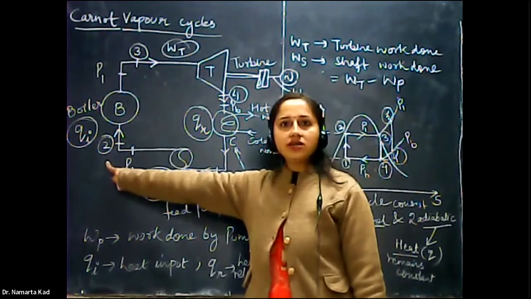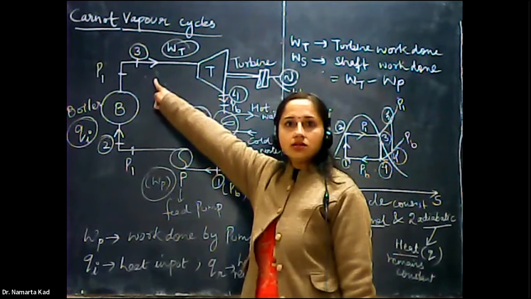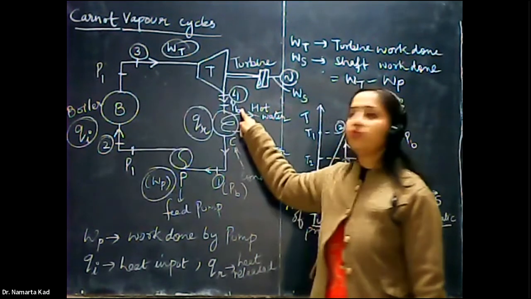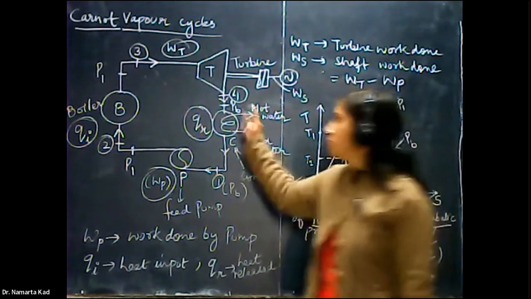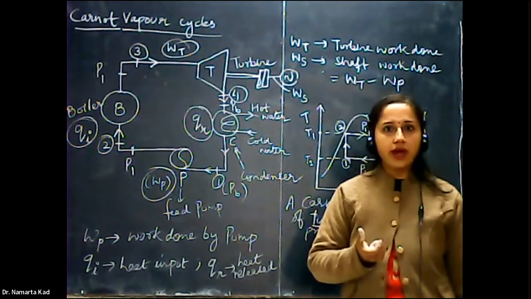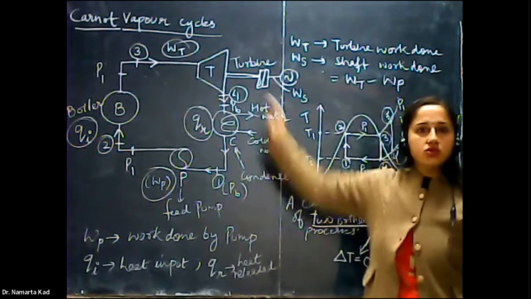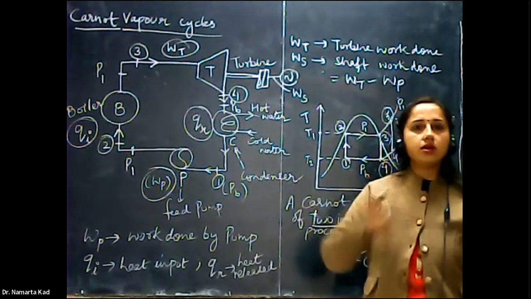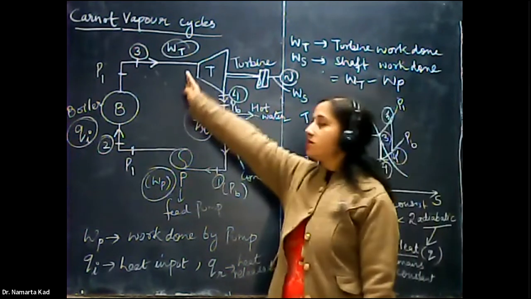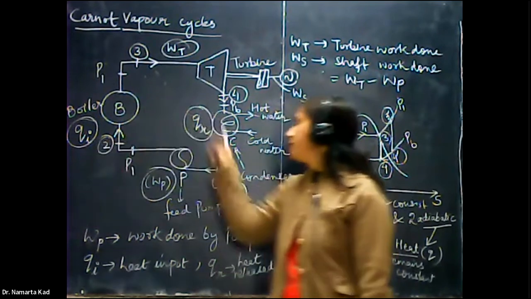There is the saturated liquid at stage 2. At stage 3, there is the dry saturated steam, and here it is the wet steam again. So this is the complete condition of the steam at the different stages 1, 2, 3, and 4. This is how the cycle repeats itself. You have seen work is done at the turbine, work is done on the pump, heat is absorbed here, heat is released here.